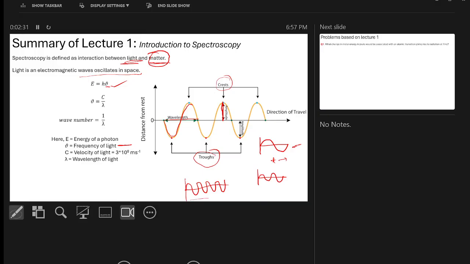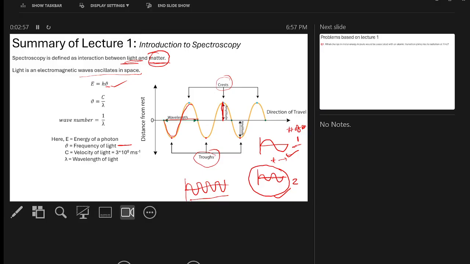Meaning, in 1 second, how many waves are there? Here, 1, 2: total number of waves is 2. Here, the total number of waves is 1. So we can say that the frequency of the second oscillating wave is higher than the first.